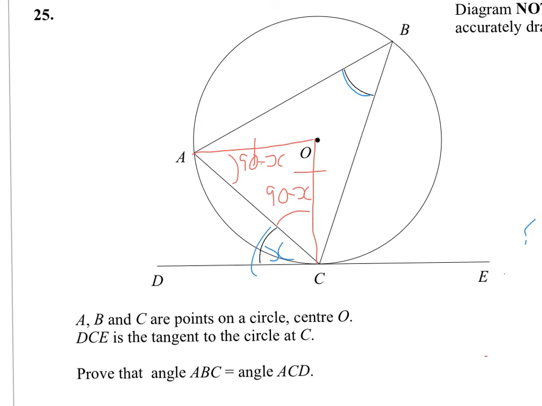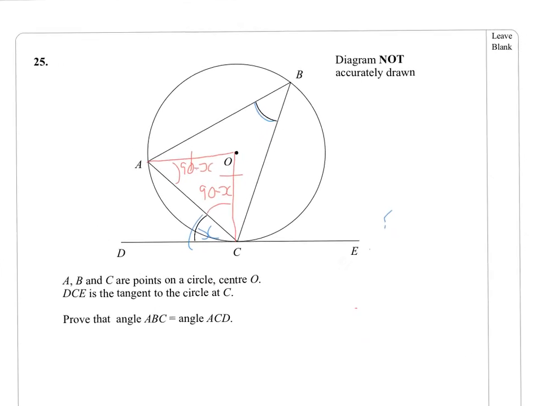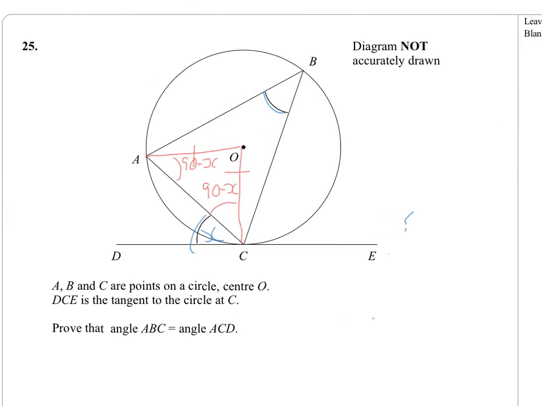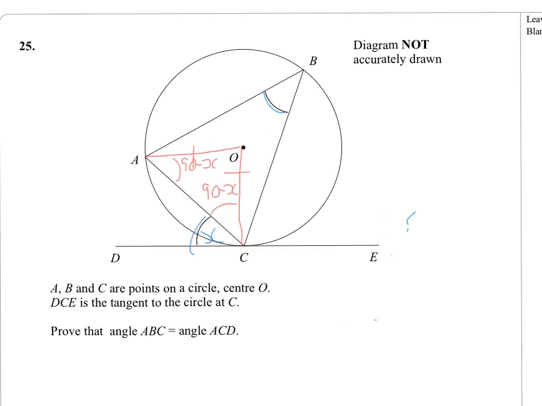If they're both 90 take away x, let me see if I can make it a bit clearer. Angles in a triangle add up to 180, so that means AOC is going to be 180 take away the two 90s minus 2x, which is 2x.